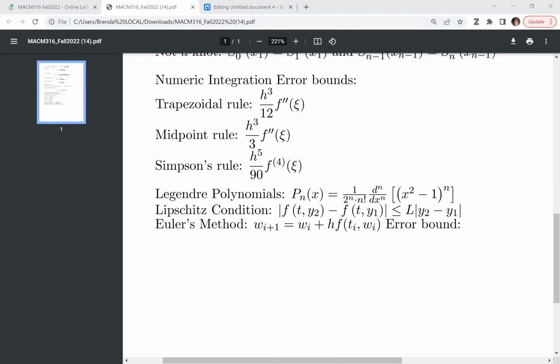Y1 prime is what, in terms of other y's? Yes, it's y2, exactly. Okay, let's think about this. Let's do one more, and this is kind of a two-step that's easy to forget exactly how to do. Y2 prime of t is what, in terms of y? Y3, absolutely.